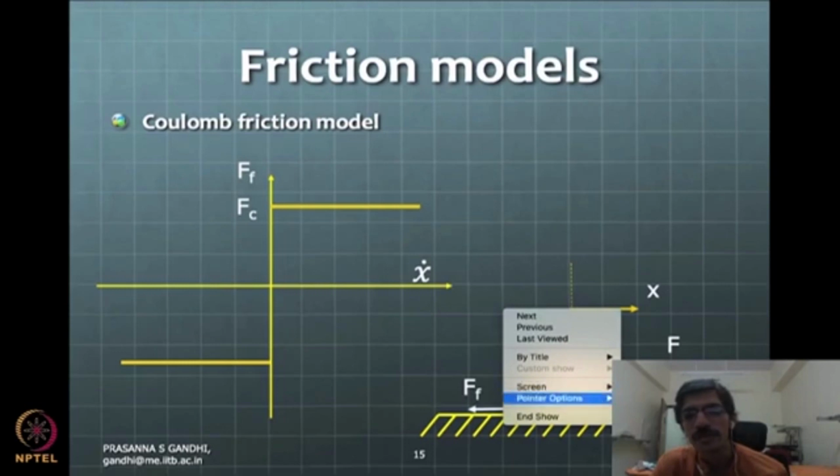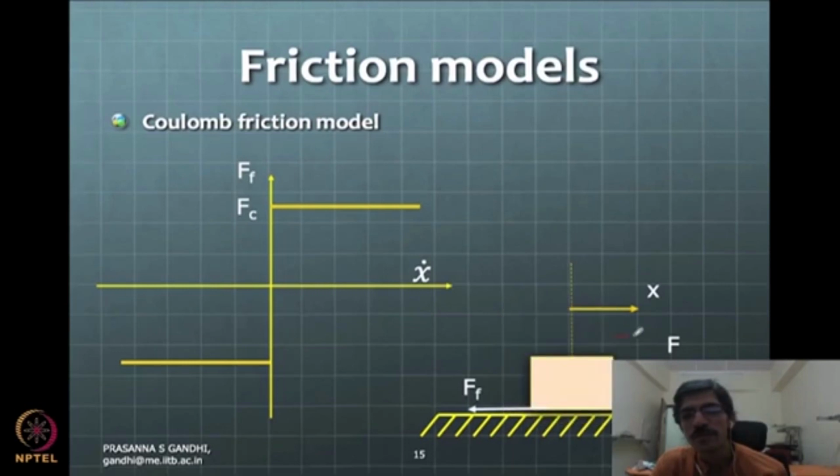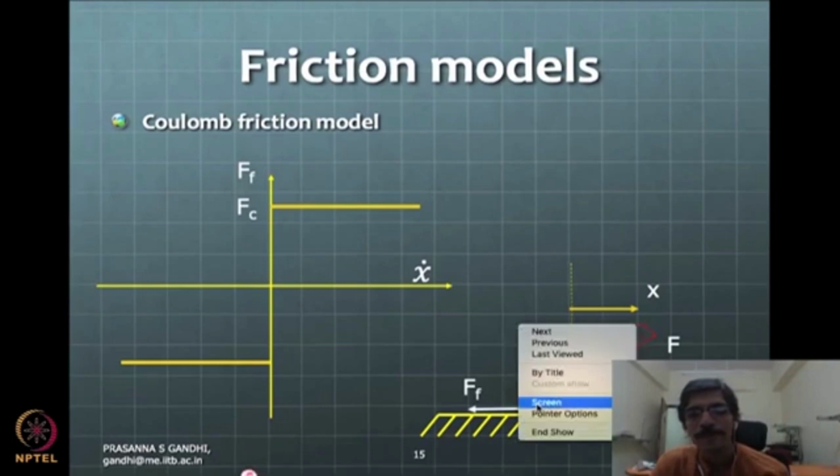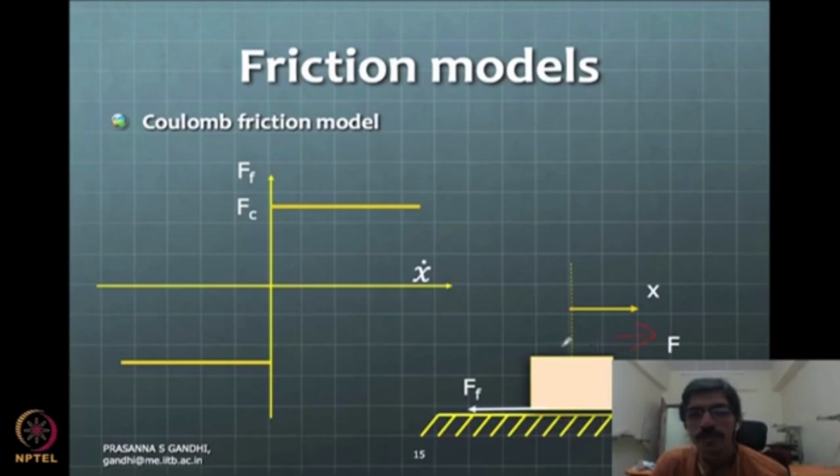Let's get the pen here. If x dot is positive, I'm moving in this direction. I need to change the color of the pen also. So this is a positive x dot here, and then we have this direction of x dot that will be negative.